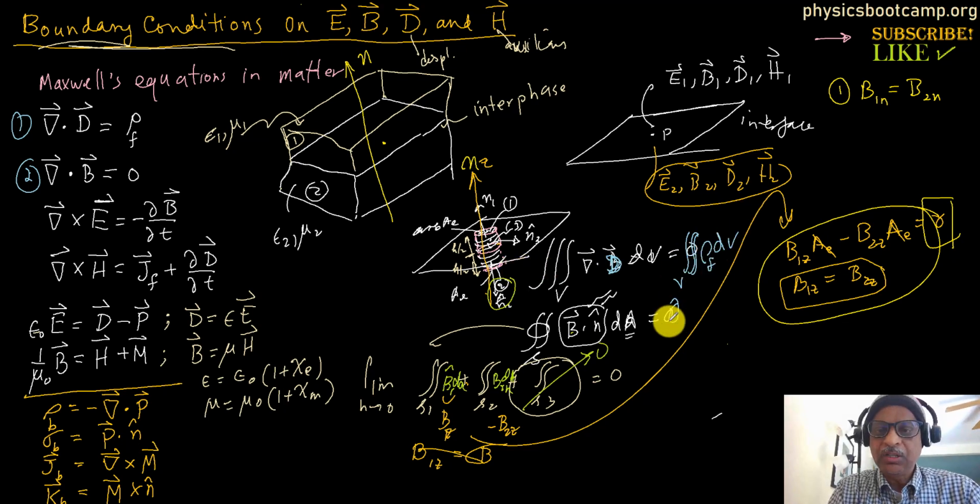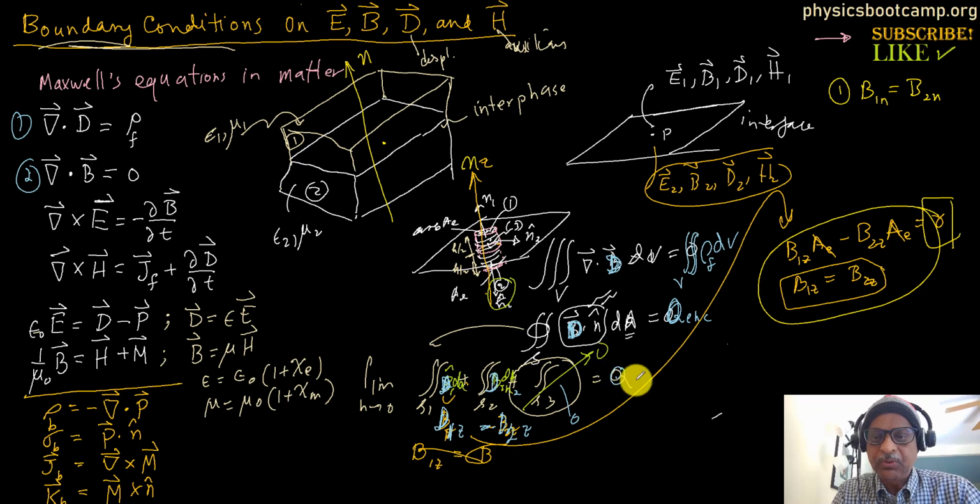So instead of 0, this is going to be all the charge that's inside this pillbox, Q enclosed, and this is D. So you're going to have D1, D2 with respect to n2 normal, and then if I take a z-axis, you have D1z minus D2z, and this will again be 0, but this one will be Q enclosed on the right side.